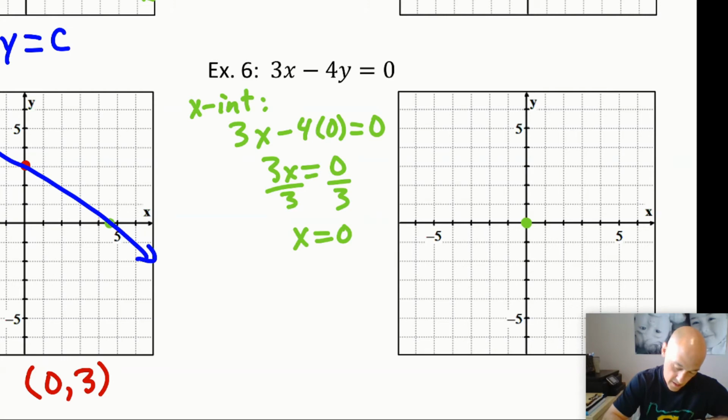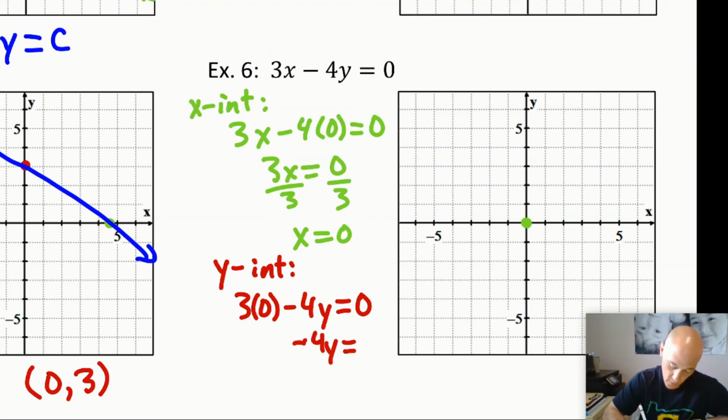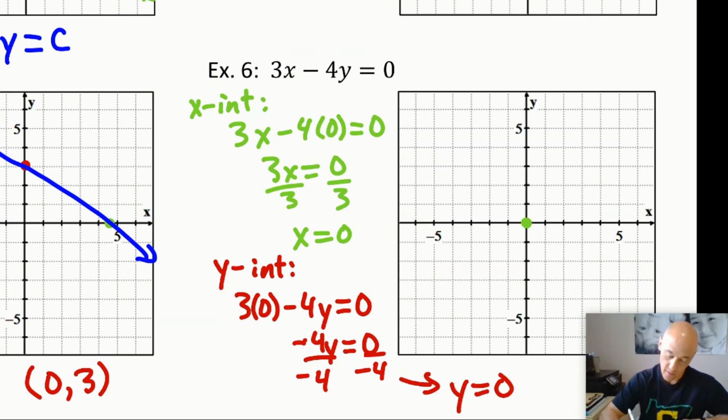And for my y-intercept, I have 3 times 0 minus 4 times y equals 0. So -4y equals 0. Divide by -4, and I get y equals 0.